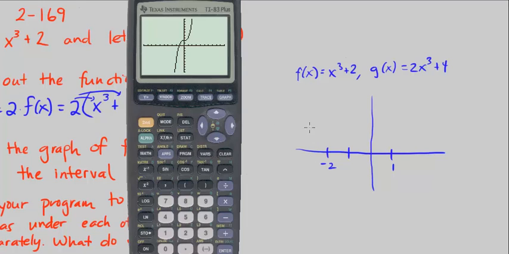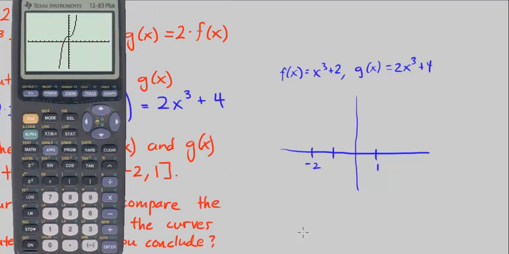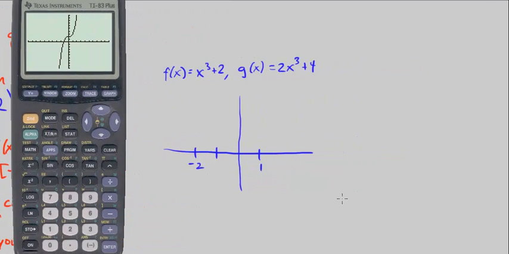Okay. So what is f of x at -2? If I plug in -2, it's going to tell me. Let me scroll to the right here. F of -2 equals, if I plug in -2 into f of x, that's -2 cubed plus 2. -2 times -2 times -2 is -8, plus 2 is -6.